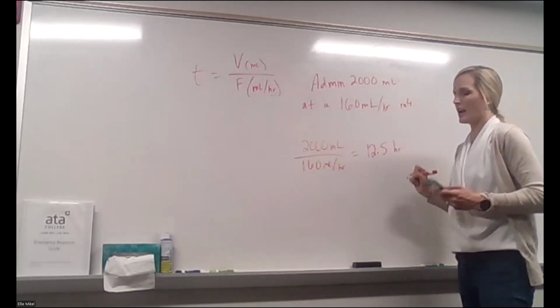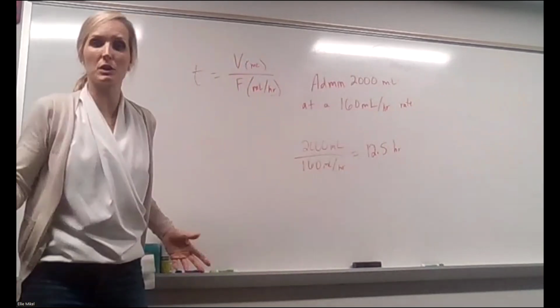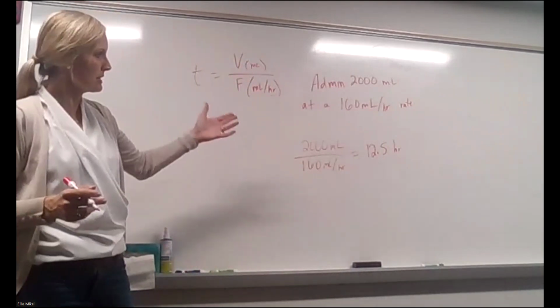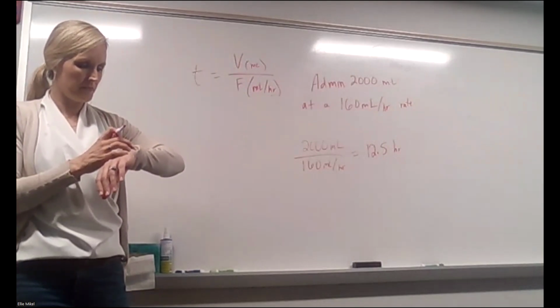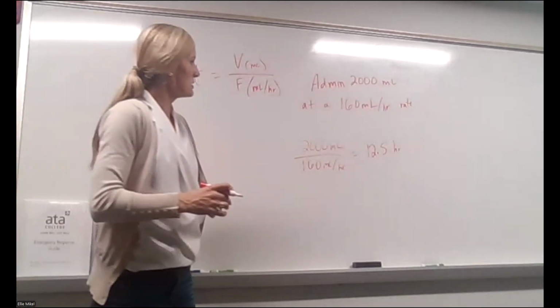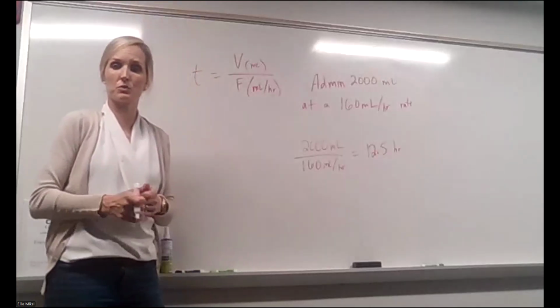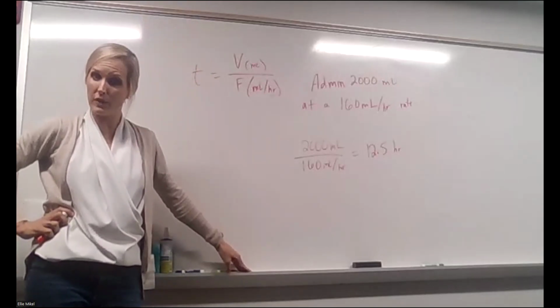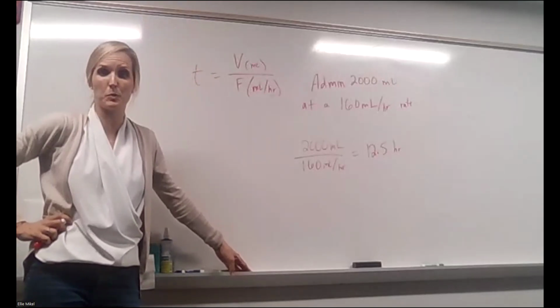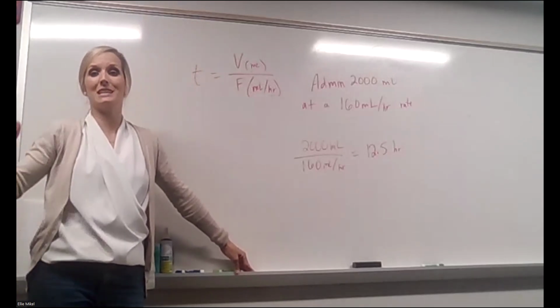So 12.5 hours. As we just saw from the previous question, we know half an hour is 30 minutes, right? So in this case, 12 and a half hours. That would be 12 hours and 30 minutes, depending on how your instructor wants you to answer this question. So be prepared for that: 12.5 might be an acceptable answer here, but they may be looking for 12 hours and so many minutes.